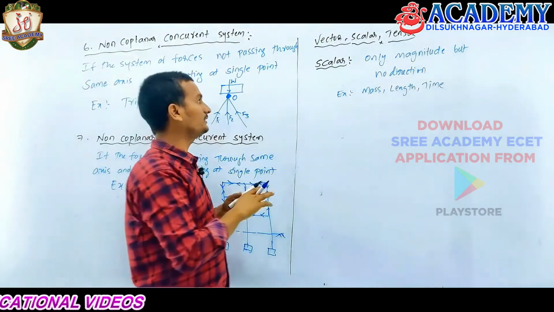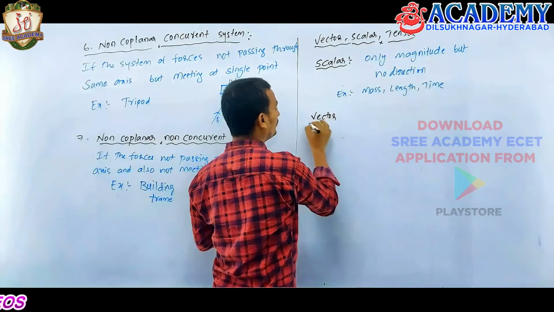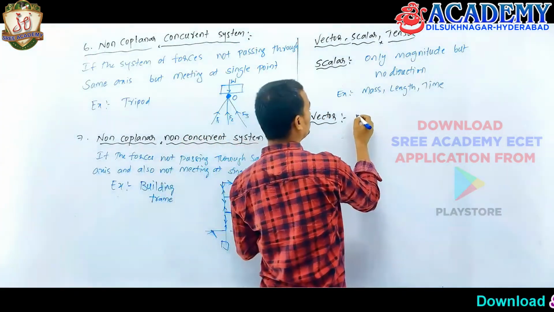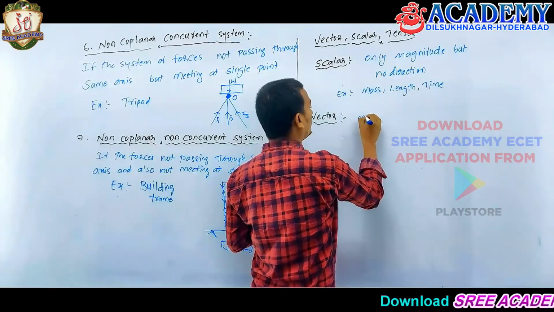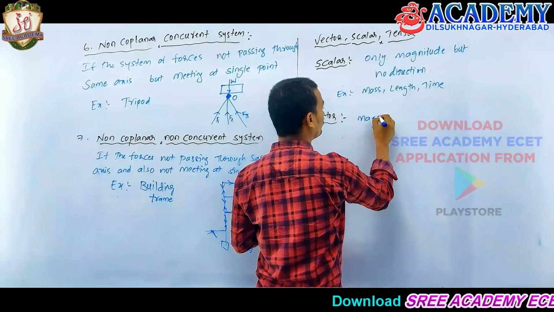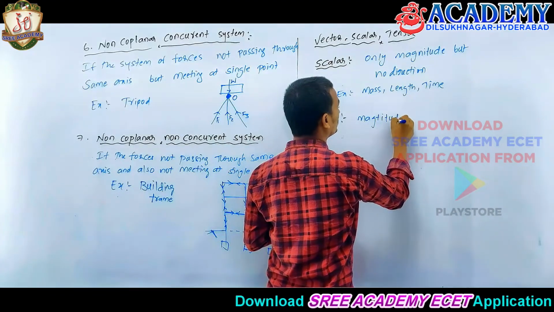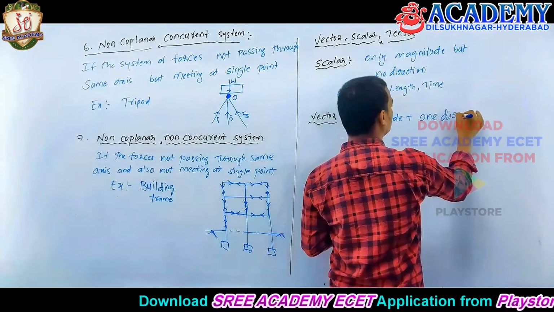Right. And the next one, vector. What do you mean by vector? Vector is nothing but magnitude plus one direction.